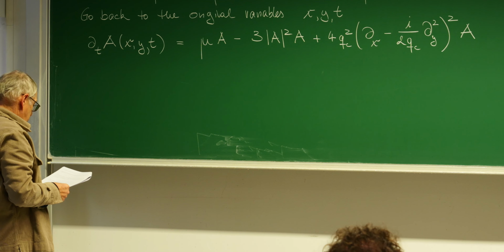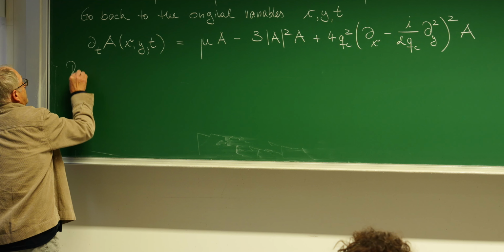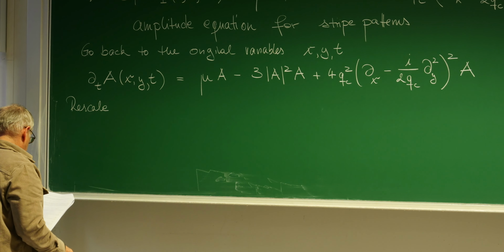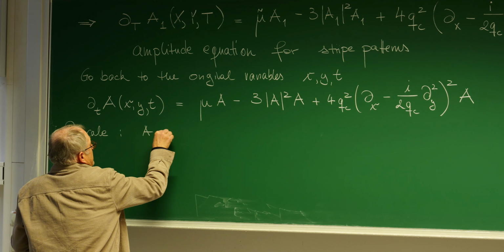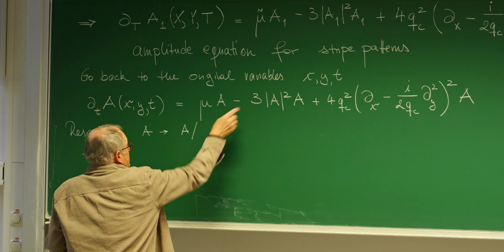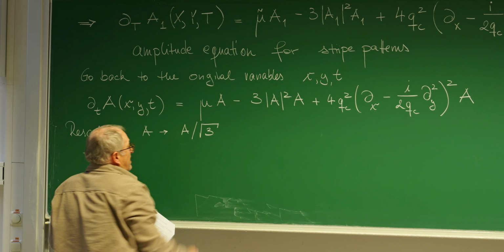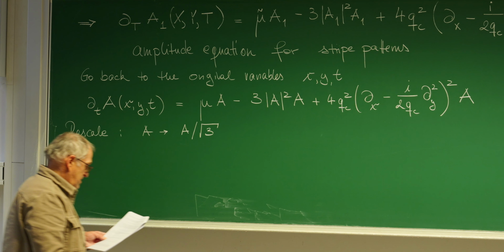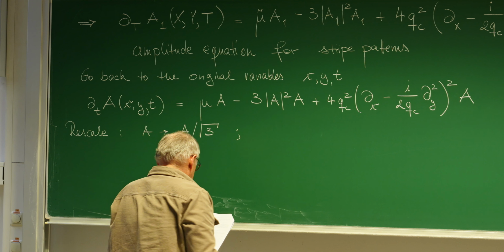There's some more I can do. I can rescale the equation to a form that's dimensionless. One rescaling is very trivial. I just don't like the factor 3. So I rescale A by 1 over square root of 3, just to get rid of this annoying prefactor 3.